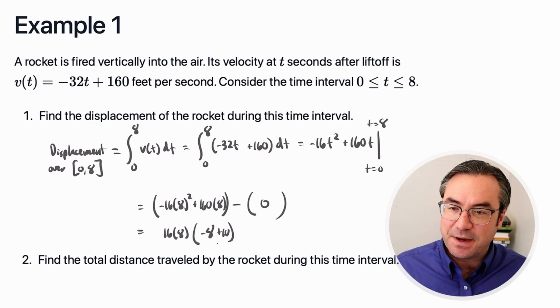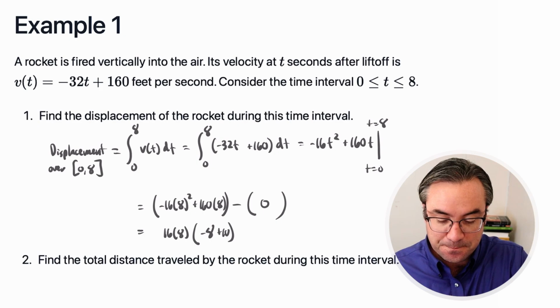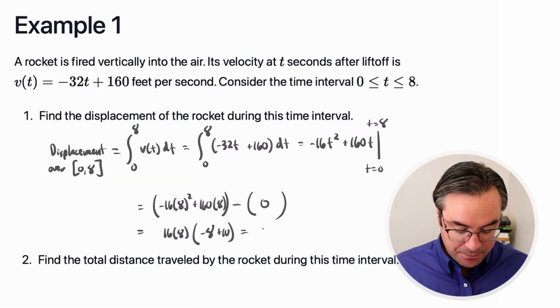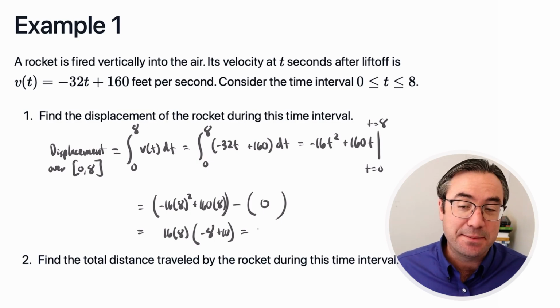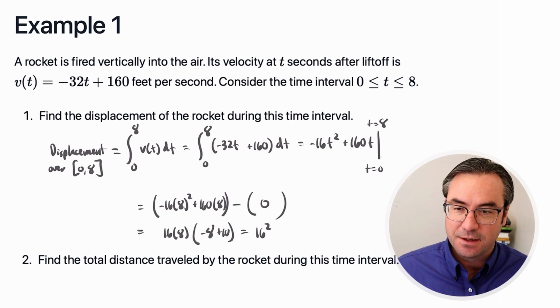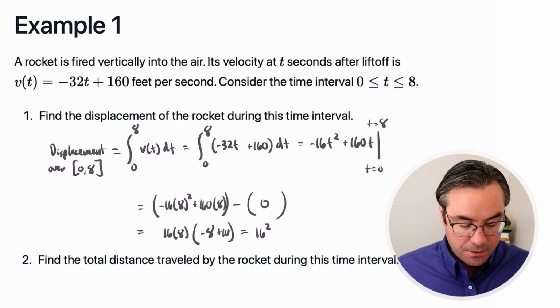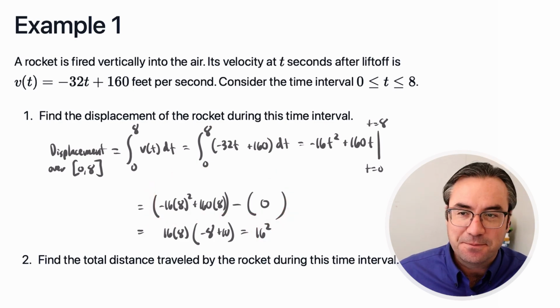And if we simplify that, negative 8 plus 10 is positive 2. So we end up with 16 times 8 times 2, which is 16 squared. Again, perfectly fine if you just wanted to leave it like that, though.